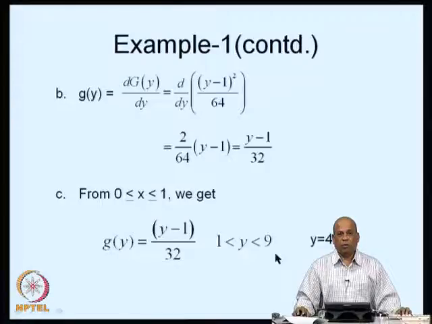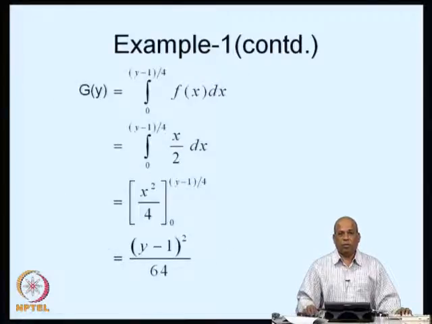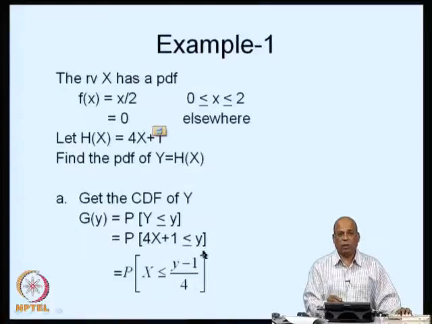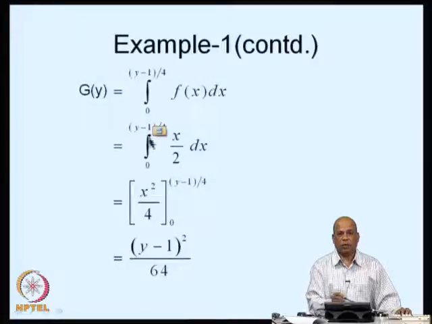Now, you know the f of x, which is the density function of x, and you are interested in getting the probability of x being less than or equal to y minus 1 by 4, and x varies from 0 to 2. So, we integrate the PDF f of x between 0 and y minus 1 by 4 to obtain the capital G of y.